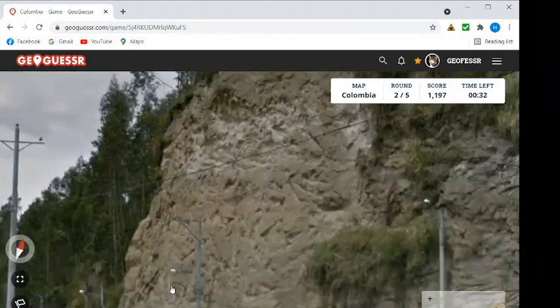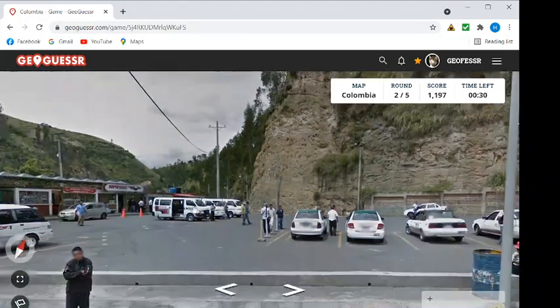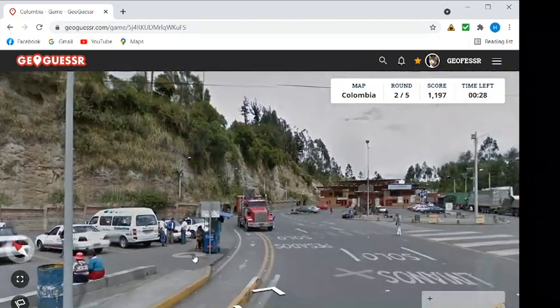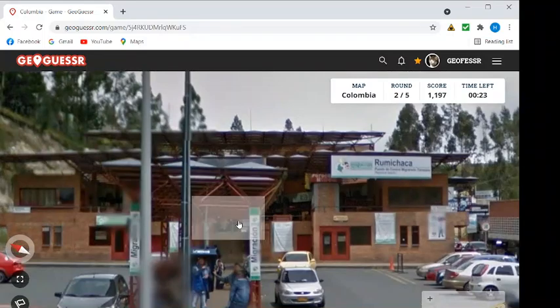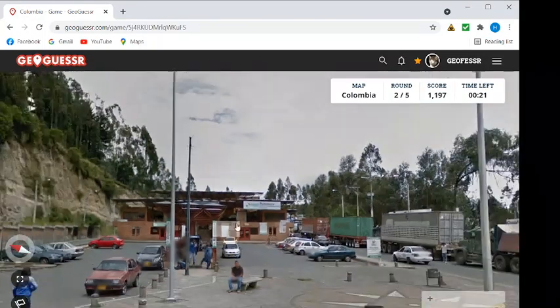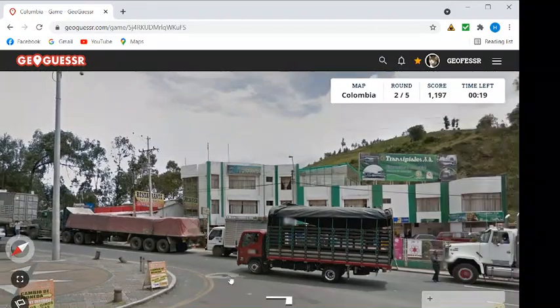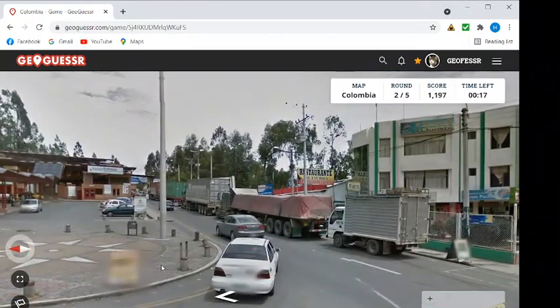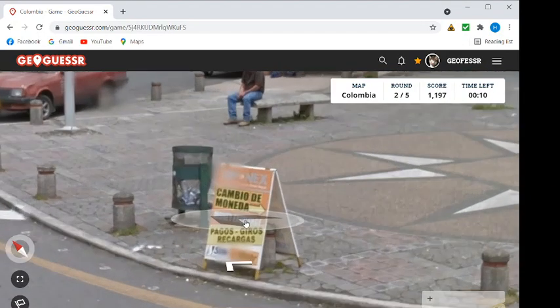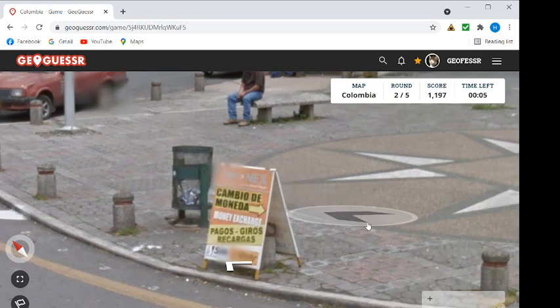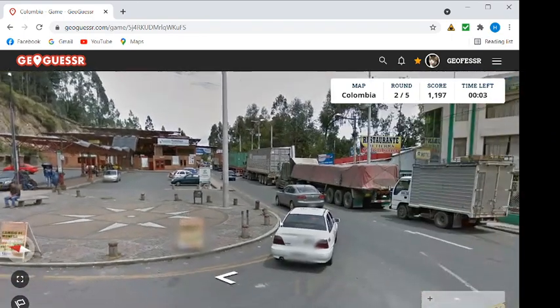It looks like sedimentary rock, which I would not have expected in the Andes as much, but there certainly must be some. Oh, here's the migration over here, right? Signs for cambio de moneda, right? So this is where people can exchange their Colombian pesos for U.S. dollars, which are the currency in Ecuador, right?